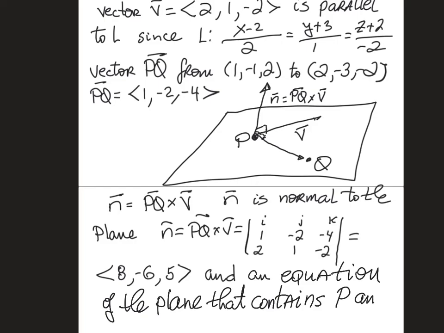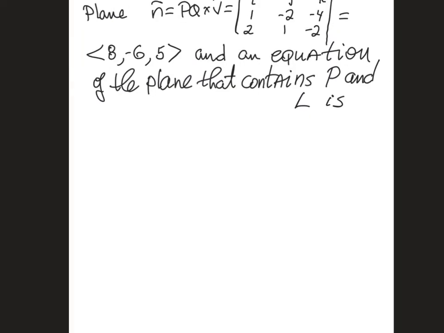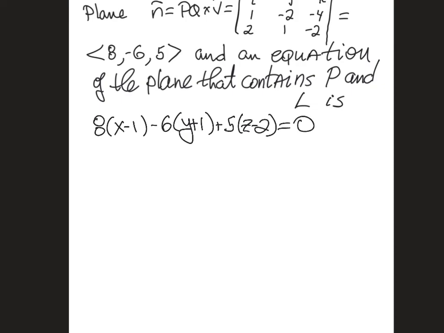So recall that would be 8 times (x minus 1) minus 6 times (y plus 1) plus 5 times (z minus 2) equals 0. And so then we'll pull the variables together.